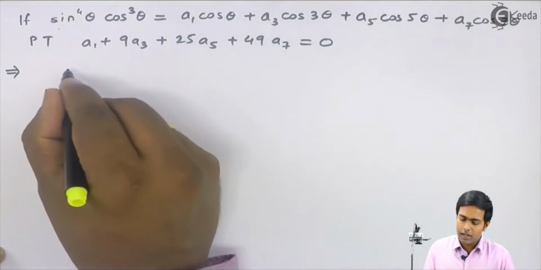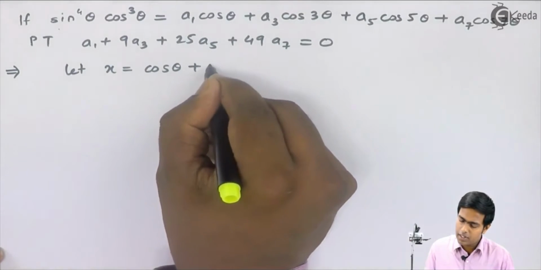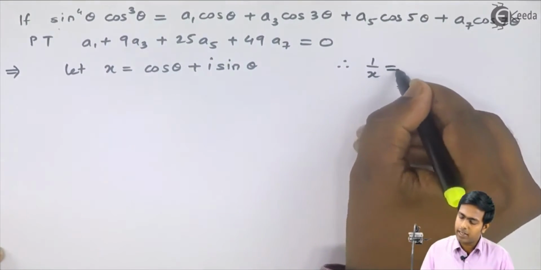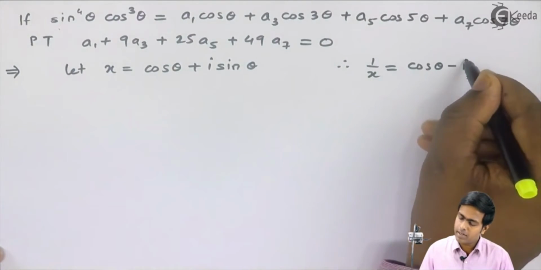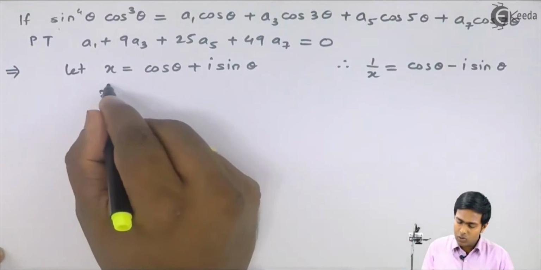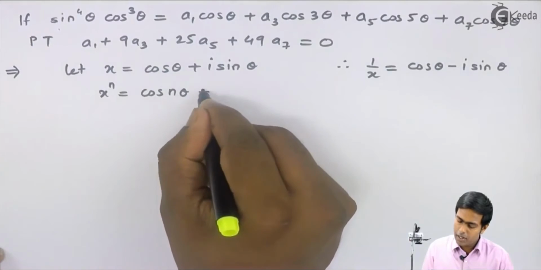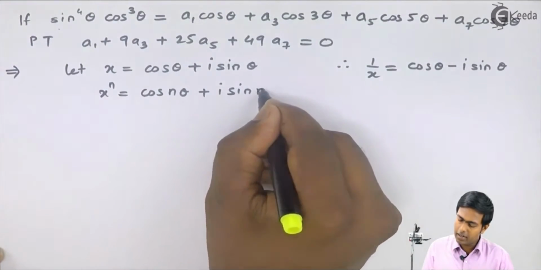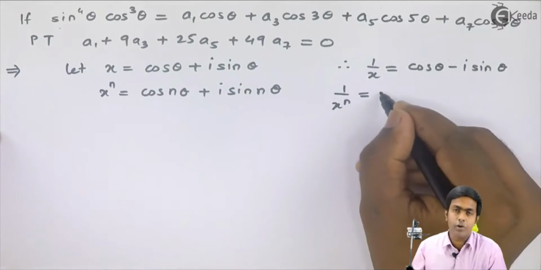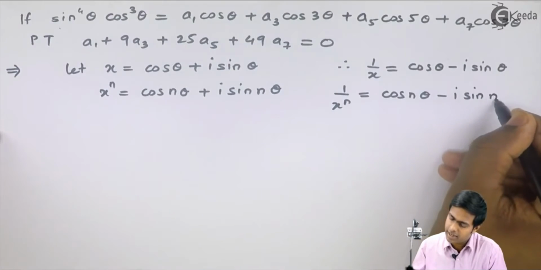So we always start by considering a complex number x, that is cos θ plus i sin θ, and we all know that we get 1 upon x as cos θ minus i sin θ. Similarly, xⁿ will give us cos nθ plus i sin nθ, and 1 upon xⁿ will give me cos nθ minus i sin nθ.